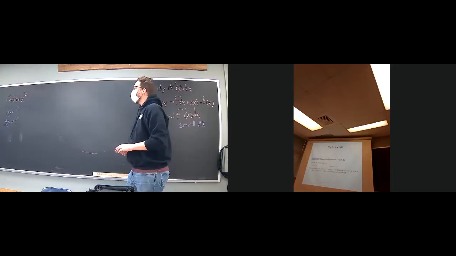We want to approximate dy and delta y, so we're going to say choosing x to be 1 and delta x to be equal to, my mistake, dx to be equal to 0.01.